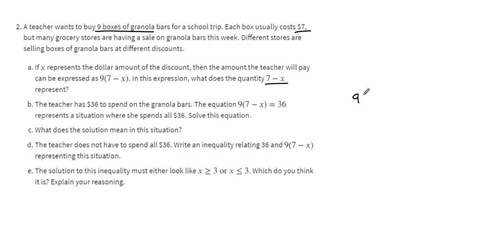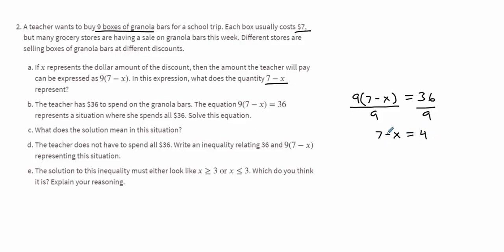So she's buying 9 boxes at 7 minus x. She spent $36. So knowing what we did previously, we could divide by 9. So 7 minus x is equal to 4.